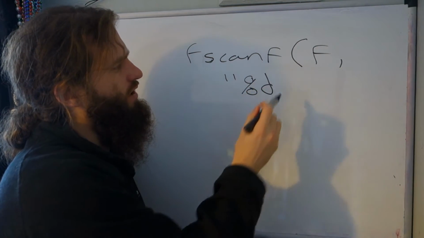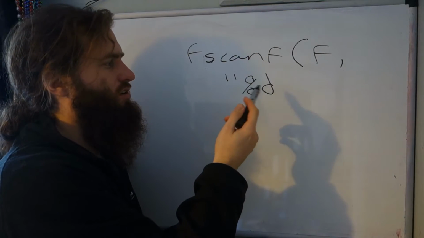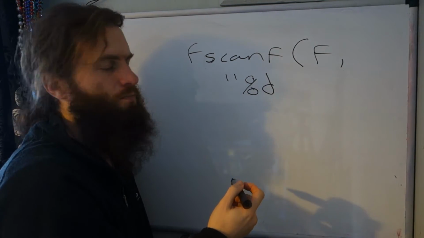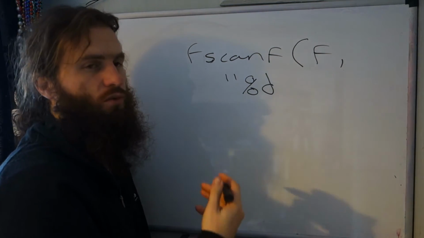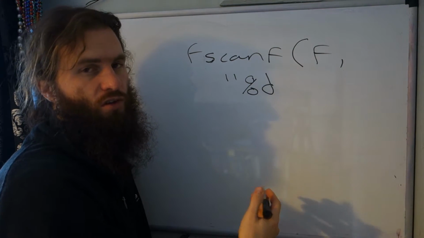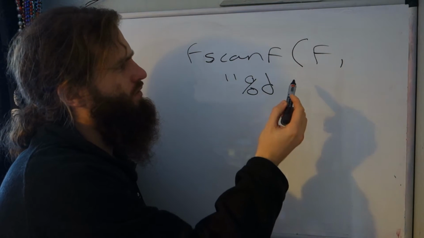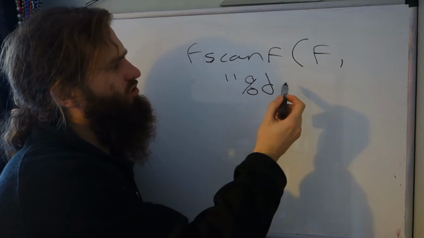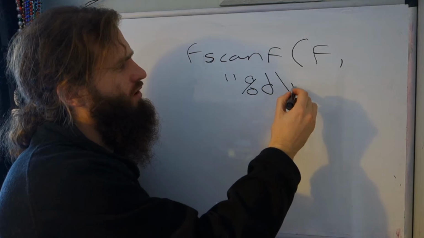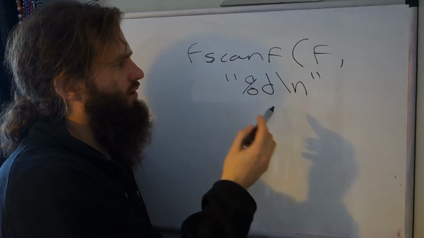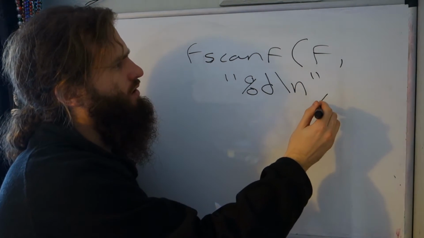And in the format string, we write, using the ordinary percent modifiers, the type of things that we're expecting to read. So if we want to read an integer, we put a %d. Say we want to read an integer and we know that that integer is followed by a new line in our file. Then we do this.